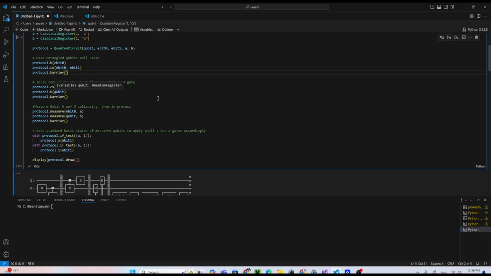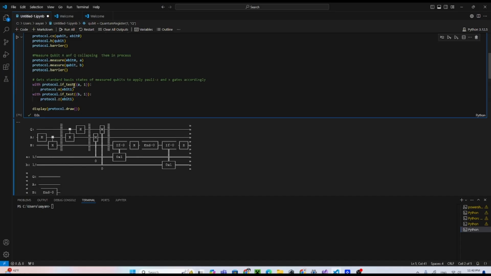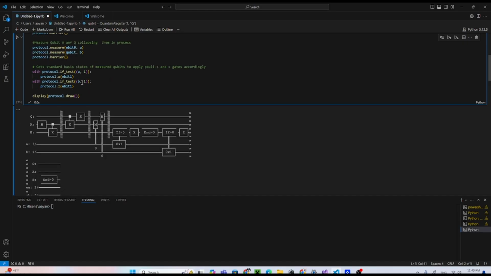And then we're going to apply the quantum circuit that was shown earlier by applying a controlled NOT gate to Q and A, and then a Hadamard gate to qubit Q. And then we're going to measure qubit Q and qubit A and store the results in the classical bits. And if we get a measured state of 1 for classical bit A, then we will apply the Pauli X gate, and if we get a classical state 1 for classical bit B, we will apply the Pauli Z gate.